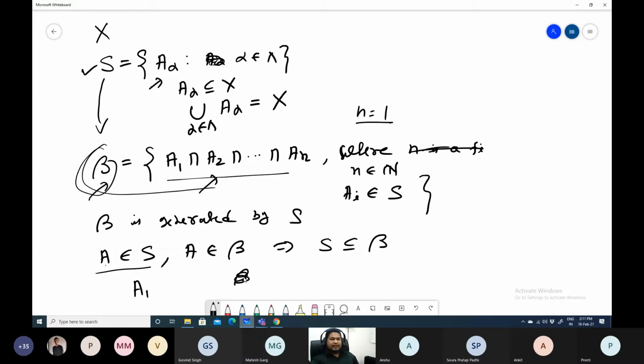Because ultimately what you have is a subset of the power set of that set. So it cannot exceed 2 raised to power the cardinality of the basis. That is fine. That was my doubt. Thank you, sir.